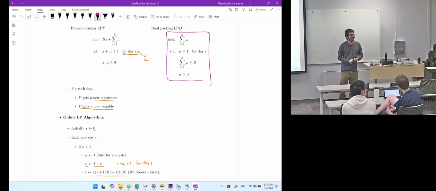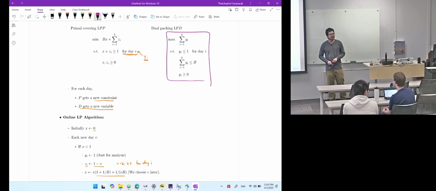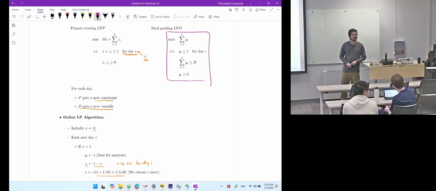Okay, Blake. So it's an LP, right? And we're updating our X value up by a little bit over time. Given that update step, by B days we should reach one, because we're minimizing X times B plus the sum of the ZIs, right?